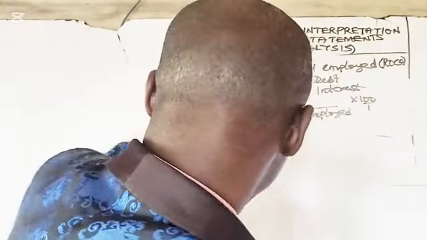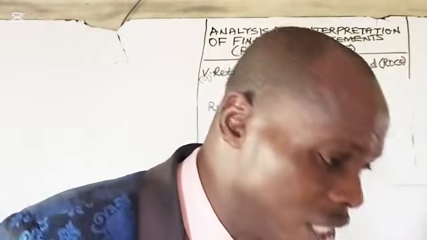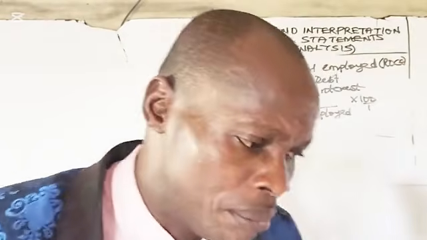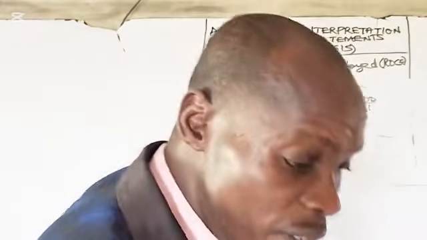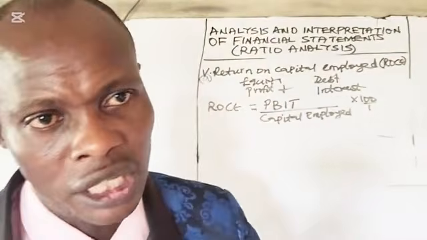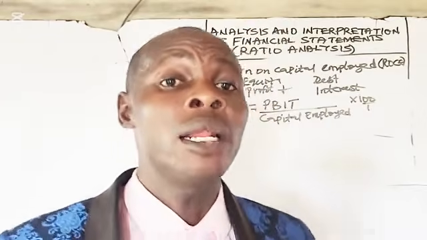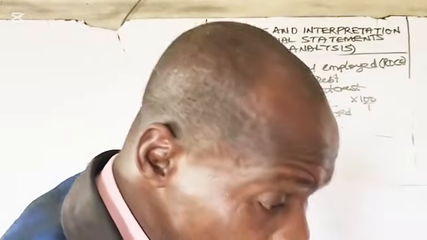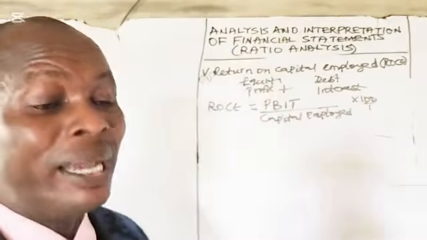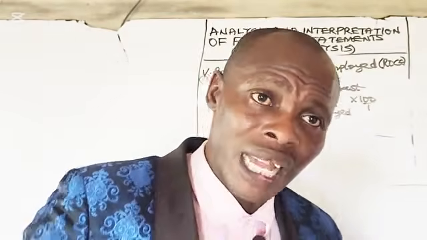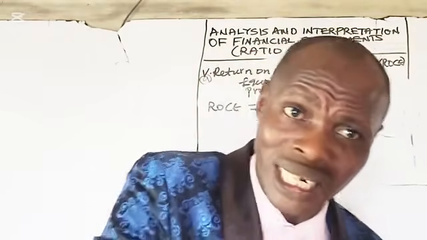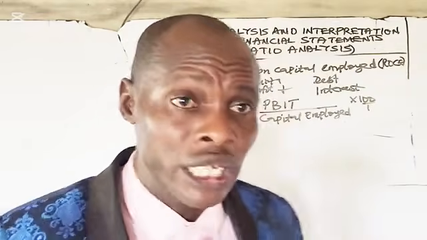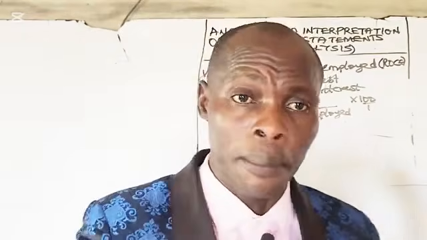ROCE, return on capital employed, shows how well a company generates profit from its capital employed, the capital the company is investing in the business, and how well they use it in generating profits.